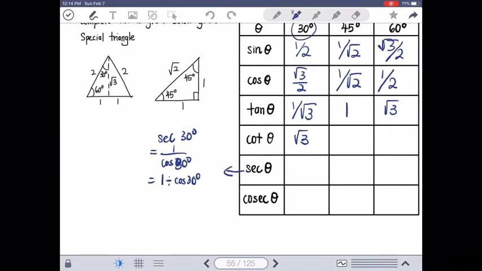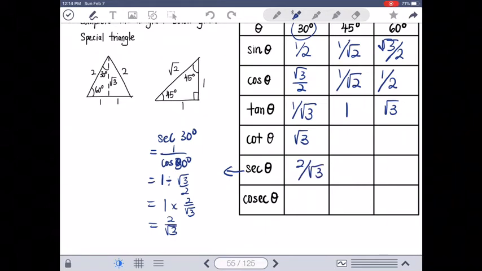Our cos 30 degrees is square root of 3 over 2. So this is 1 divided by square root of 3 over 2, which is 1 times 2 over square root of 3. So it's just 2 over square root of 3.